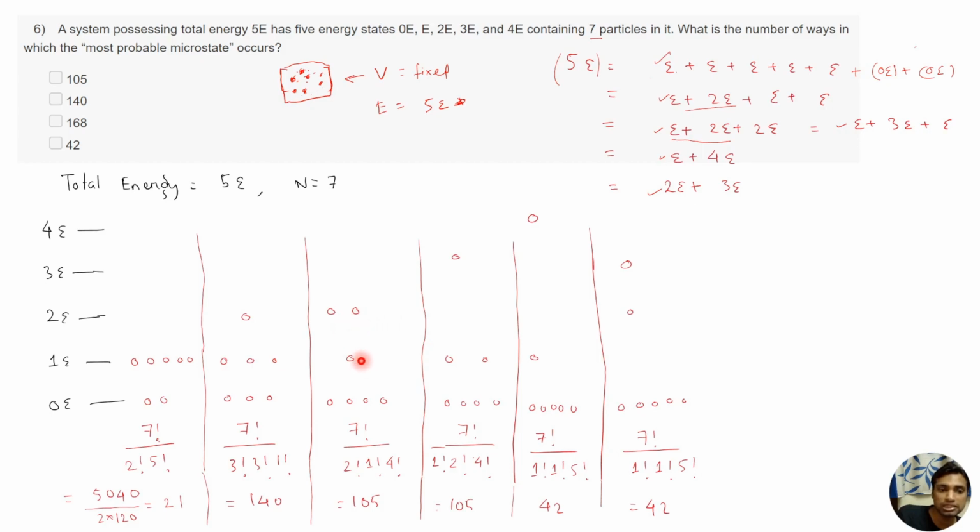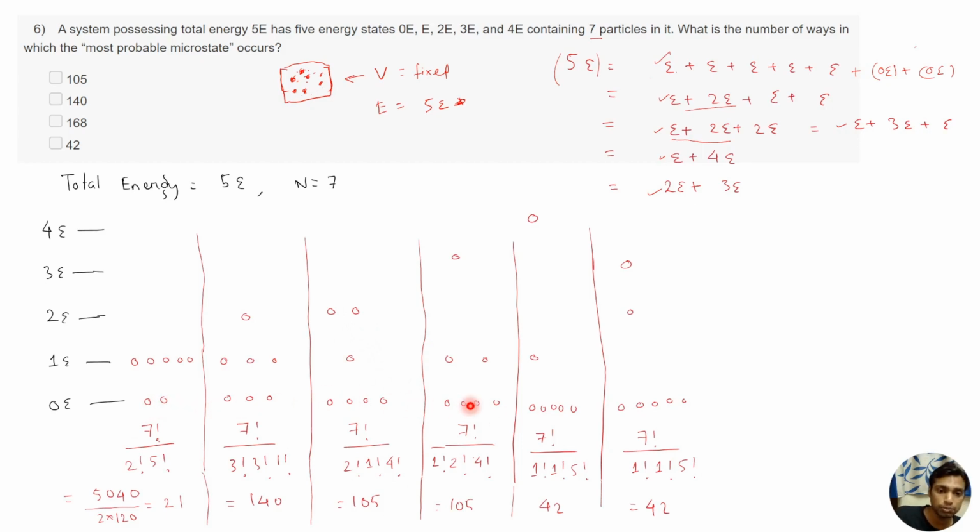One particle is in energy state 1E and two particles are in energy state 2E, and the rest in 0E. Similarly, you can calculate for the others, and you got how this diagram can be made out of this. Yeah, I'm getting it, sir. Yeah, and from this you can calculate the numbers, right? Once you have this diagram, I hope that is clear.